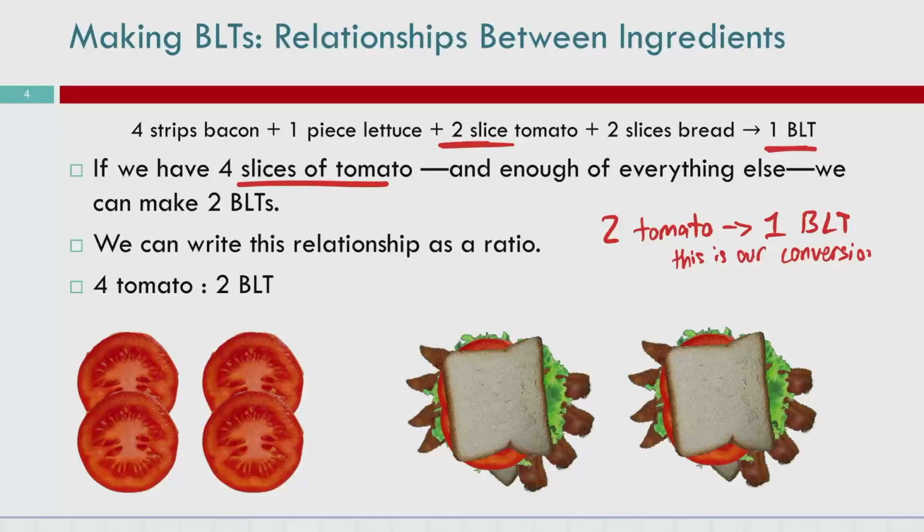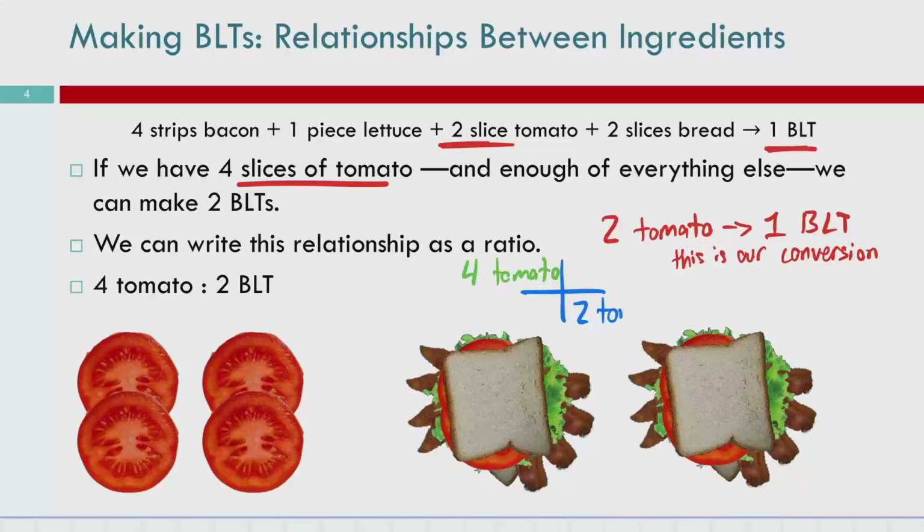So assuming that we just have tons of bread lying around, we've got lettuce, we've got bacon, all that other good stuff, starting with 4 slices of tomato, how many BLTs can we make? Well, our ratio is 2 slices of tomato in, 1 BLT out.